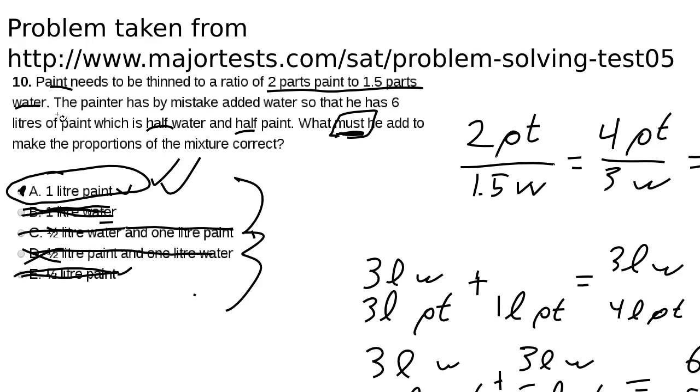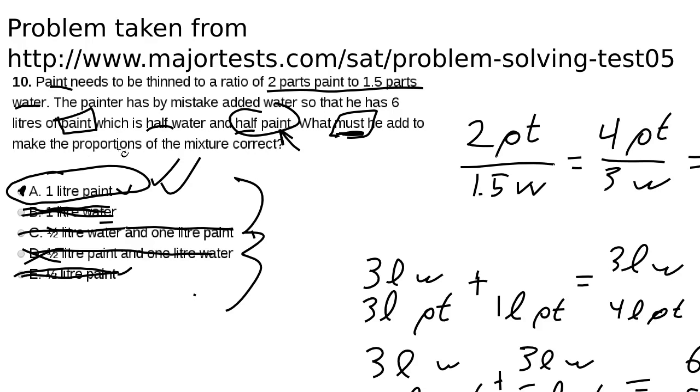They're using the word paint in 2 different senses. What they mean is he has 6 liters of paint mixture, which is half water and half true pure paint, although even true pure paint is watery itself.